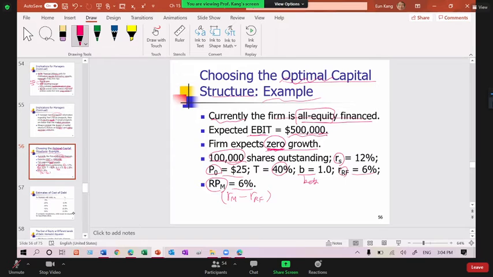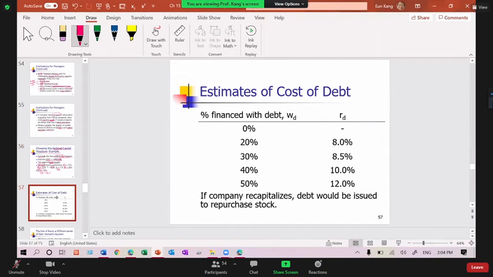That was last class. And then we have some debt table. When 0% debt, all equity company, there is no debt. But if you have 20% debt, so WD is 20%, then cost of debt is 8%.